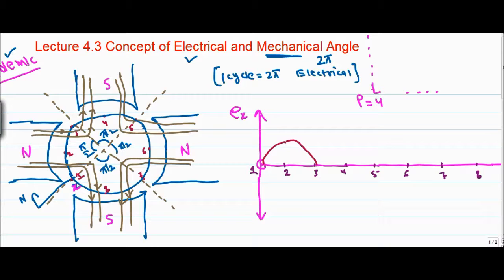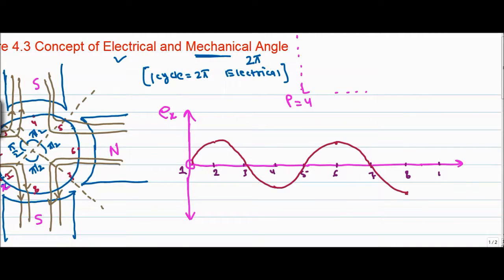If X is at location 4, it has a maximum but negative induced EMF. At point 5, it has 0. When the conductor is at location 6, it has a maximum induced EMF, and at 7 it has 0 induced EMF. Similarly, the consecutive cycle goes to 8, and it becomes 0, in this fashion.